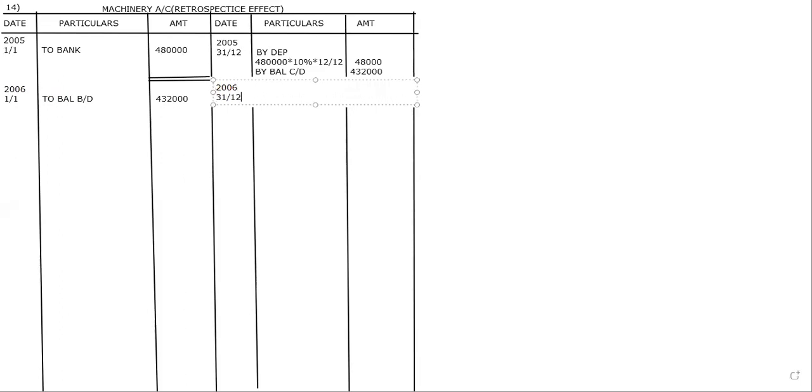By depreciation on 31st December. Which method are we following? DBM, means diminishing balance method. In the diminishing balance method, is the depreciation calculated on the original value or the reduced value? The reduced value. Reduced value is 4,32,000 into 10%.